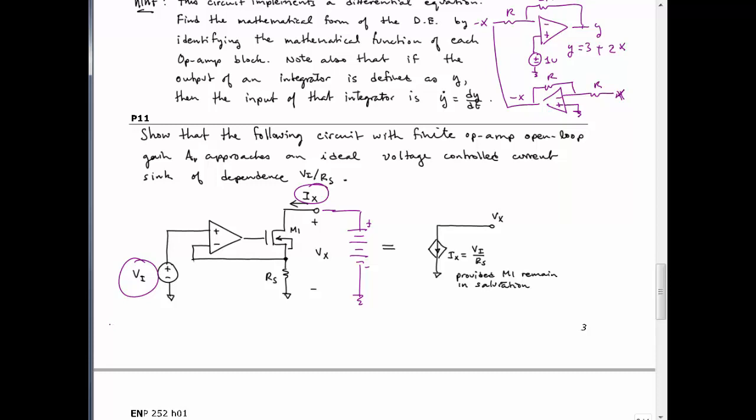So VI, I might program to be this little pulse of voltage. Let's say that RS was equal to 0.1 ohms. Then if I pulse this to 1 volt, according to this, the current I've programmed is 1 volt over RS, or 0.1. So I've just programmed 10 amps.